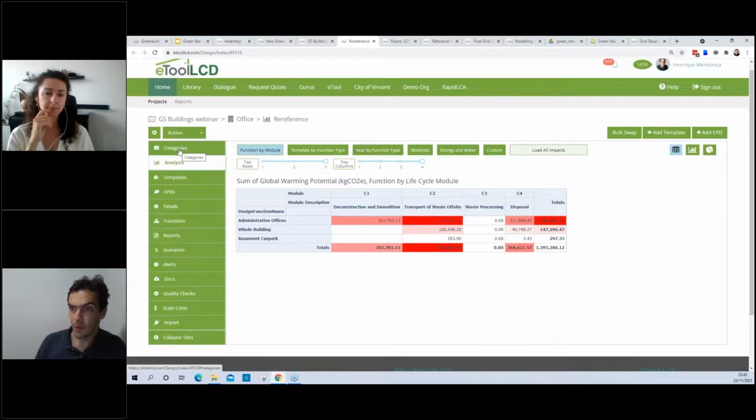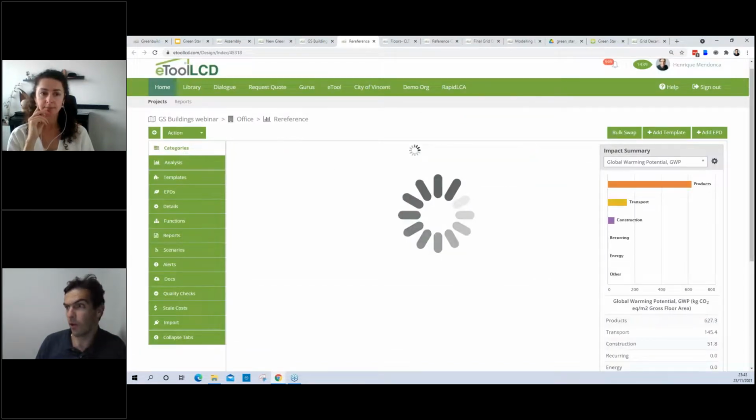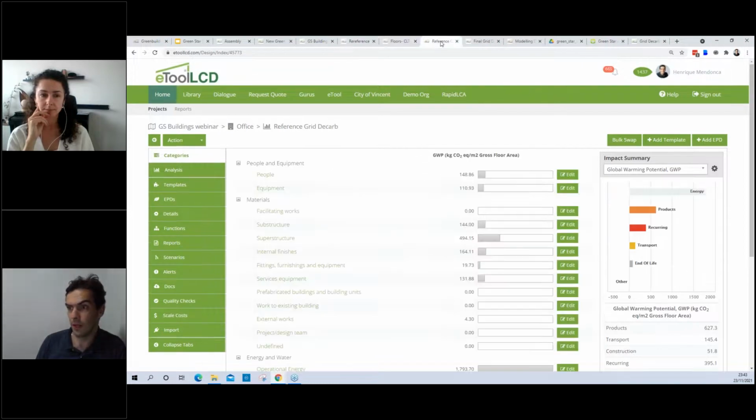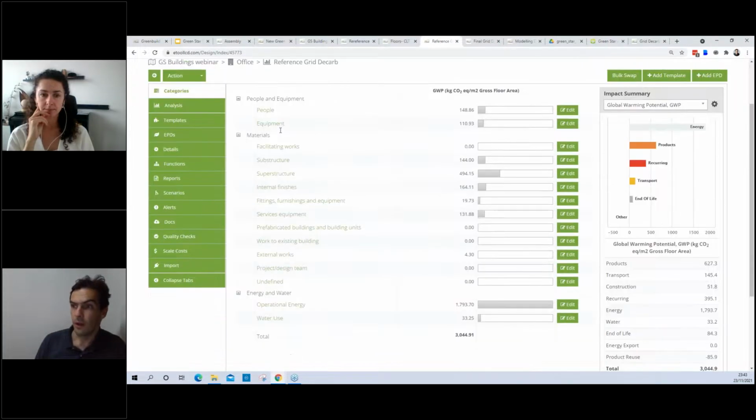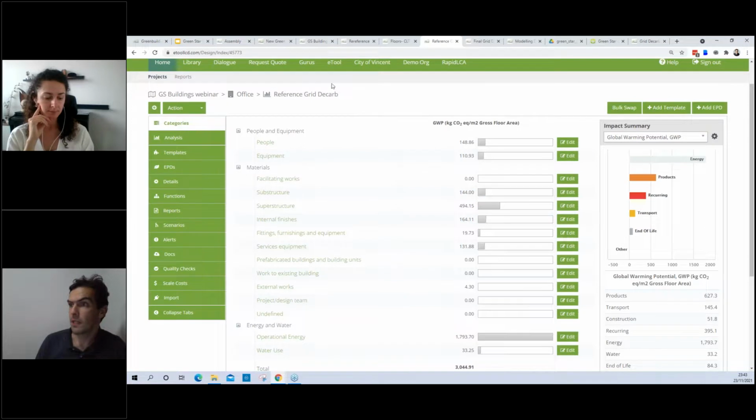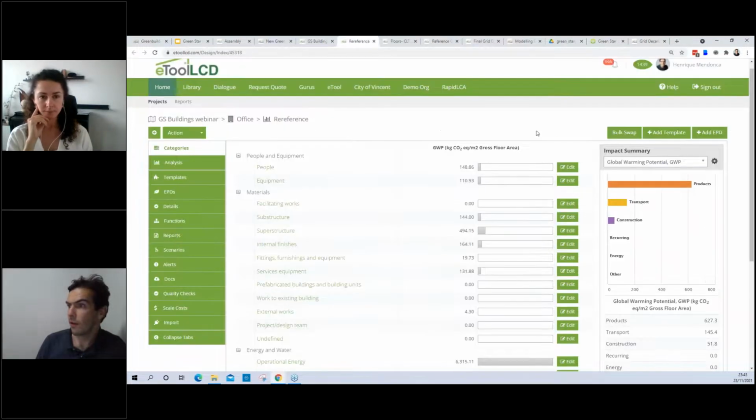reference design. Let's say you want to create a model like this. This one is already the grid decarb scenario. You can quickly use the bulk swap. And this is the nice thing about software, it just speeds up the process.